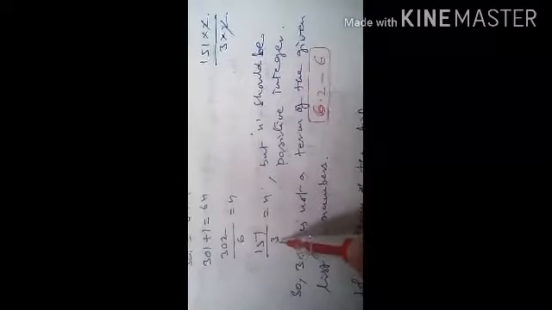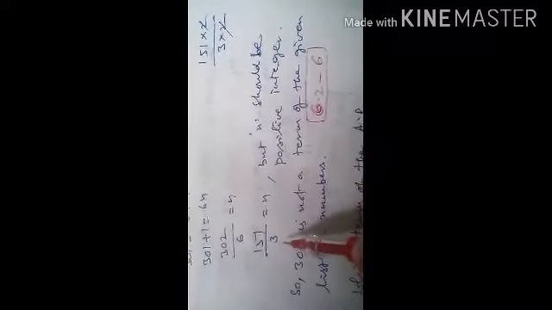So 2 cancels 151 times, and 6 cancels 2, 3 times, where n is 151 by 3, which is a decimal number, but n should be a positive integer. So 301 is not a term of the given list of numbers. We can see this type of question in 6.2, sixth question.